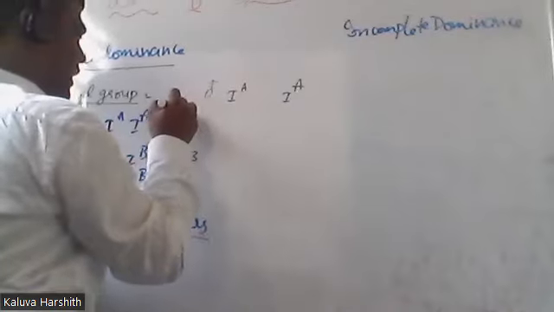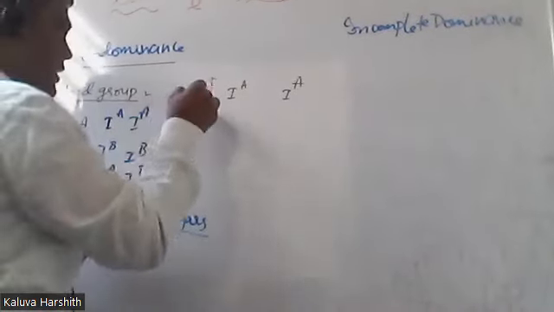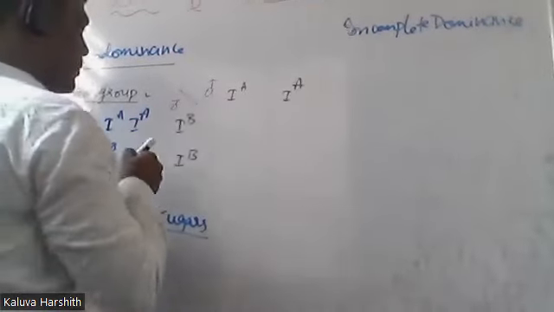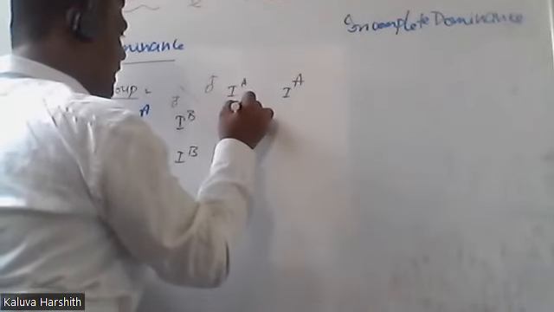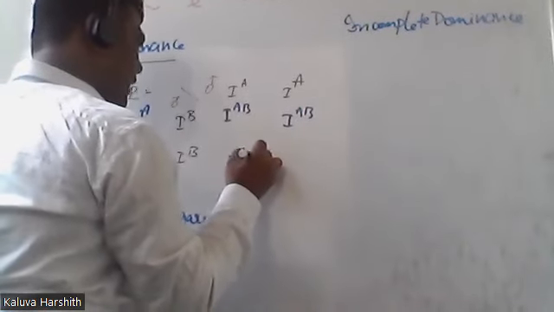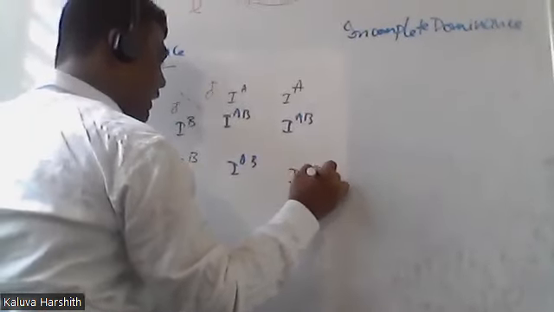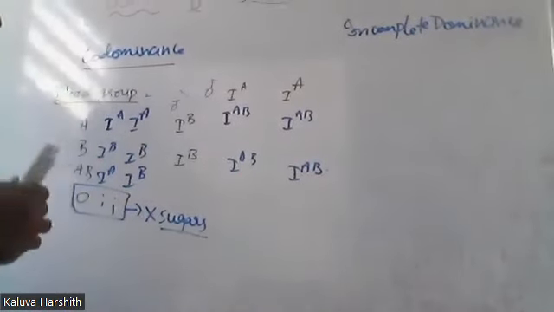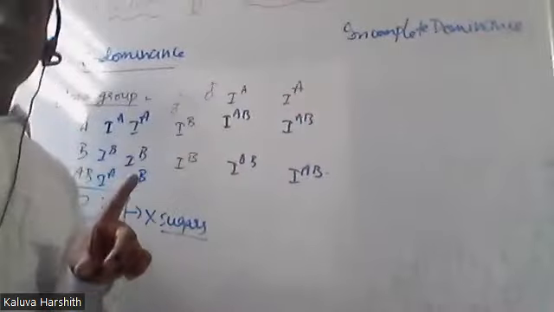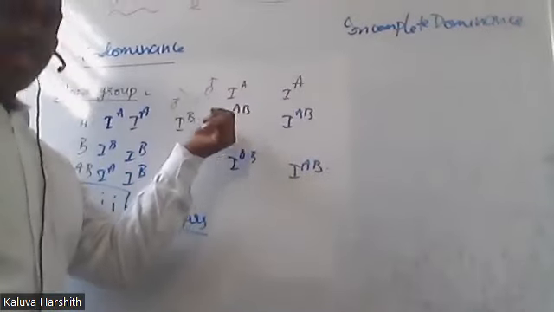Let me say this is male and this is female, and these two are crossed. Whatever progeny is obtained is IAB, IAB, IAB, IAB. AB is not the character of mother nor father, but it is expressed.